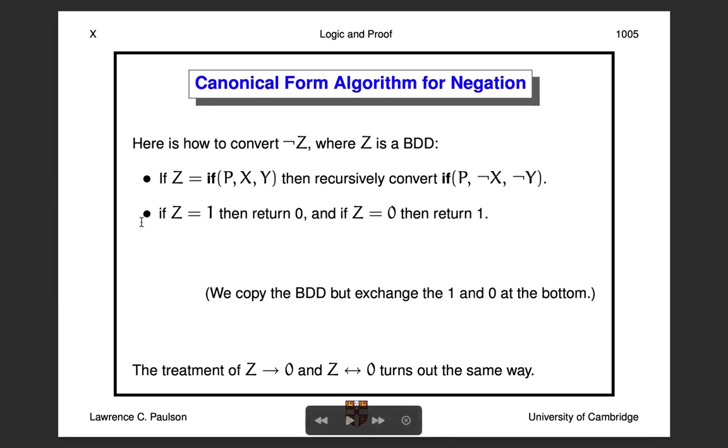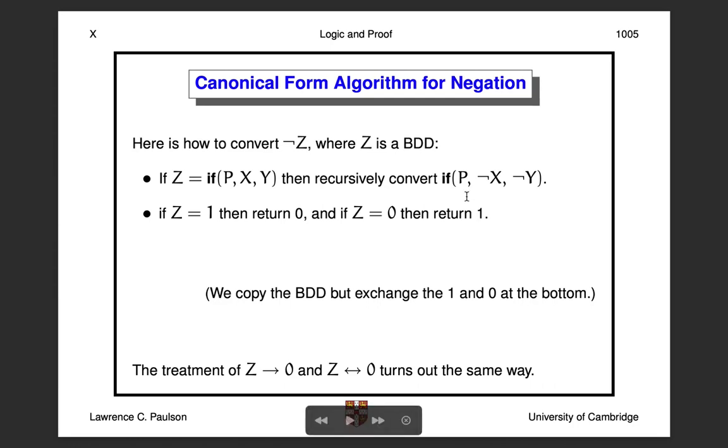In fact, the action happens in the base case. So if our BDD is simply 1, the negation of it is obviously 0. If the original BDD is 0, then its negation is obviously 1. And there's a very important point here. As you might see, the action is actually happening in the base case where the truth table kicks in and does the correct thing.